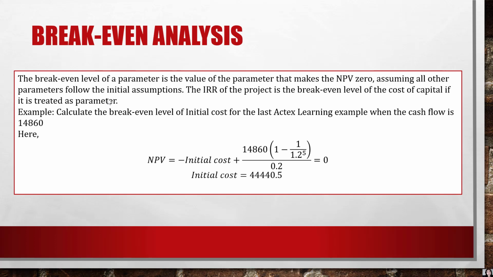So we get NPV is minus initial cost plus cash flow times 1 minus 1 over 1.2 to the fifth, the whole thing over 0.2, and set it equal to 0. We solve for initial cost, and we figure the initial cost required should be 44,444 times 0.5. So that's how we calculate the break-even analysis.